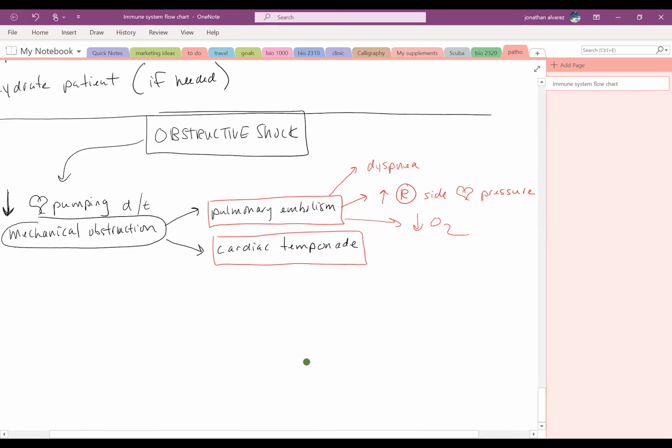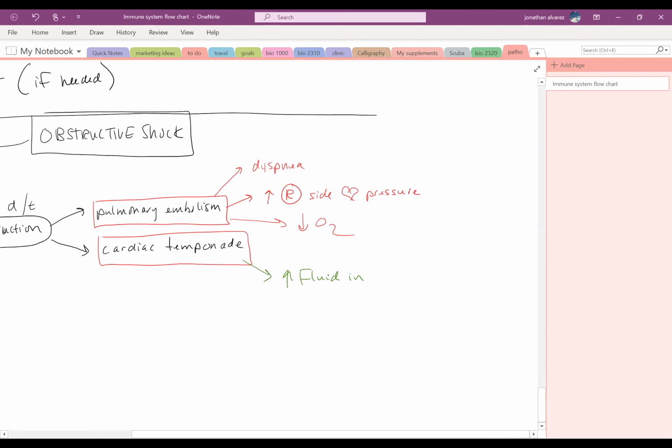Okay, the cardiac tamponade is increased fluid in the pericardial sac.